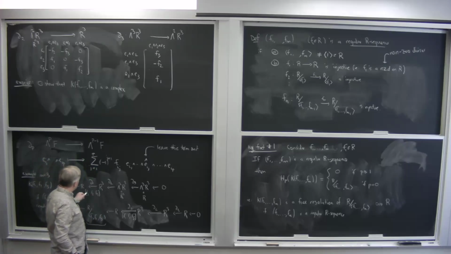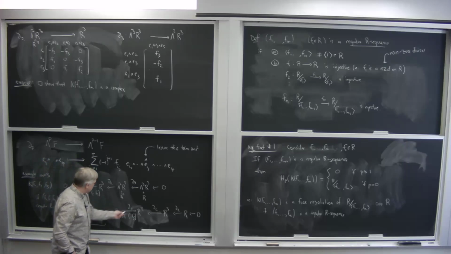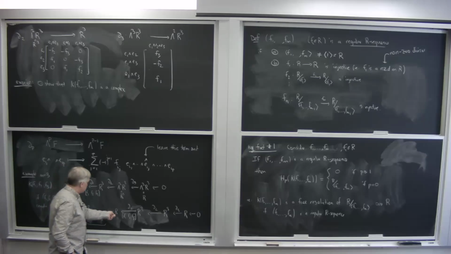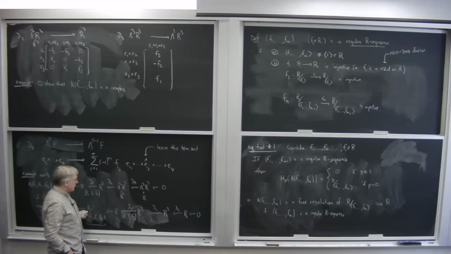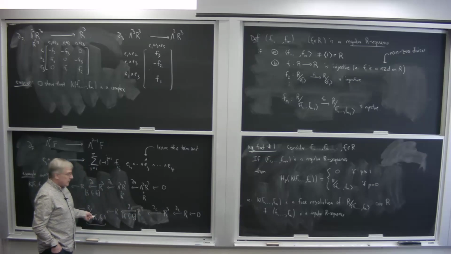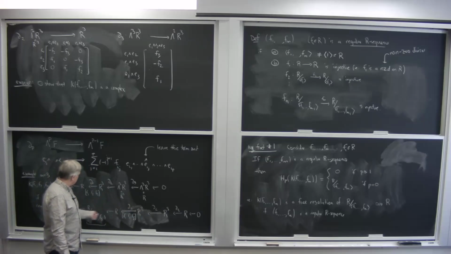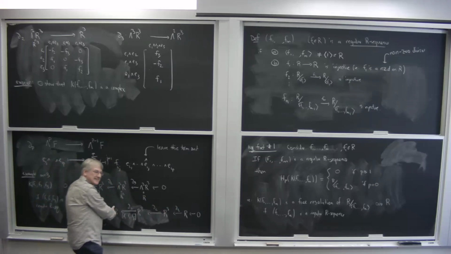If we put in H0, and we keep the rest of it the same, but now we take R mapping to that H0, because it's kernel mod image, which is R mod that, this is now exact here. It's certainly exact here because this is surjective. And so this is now an exact sequence. And the free resolution, it's just a notational thing. You might like to think of the whole thing as the free resolution, but really the free resolution is this part of it.